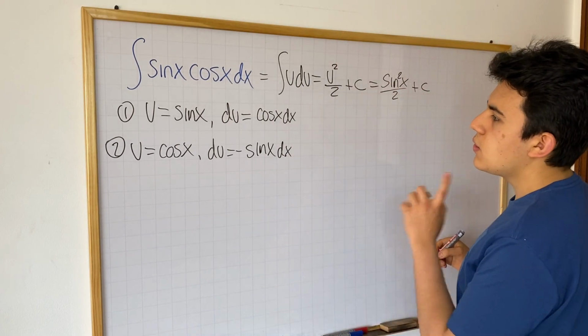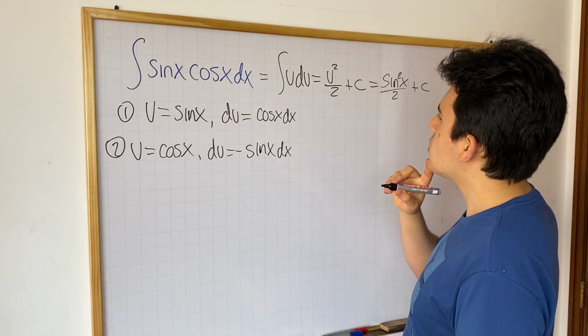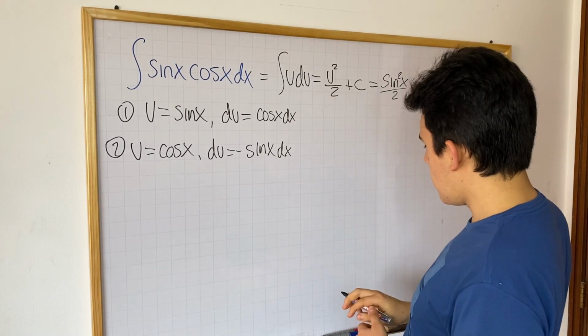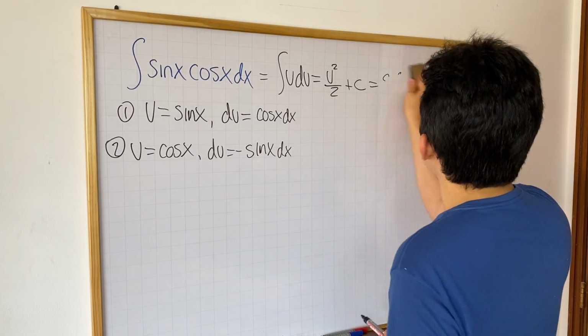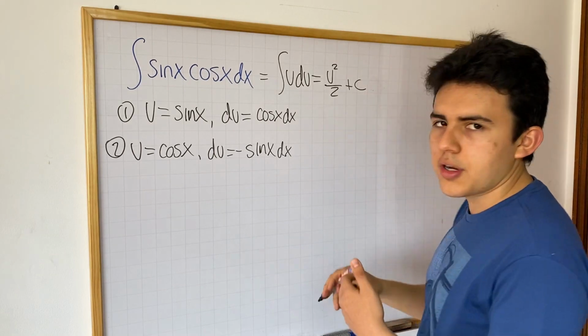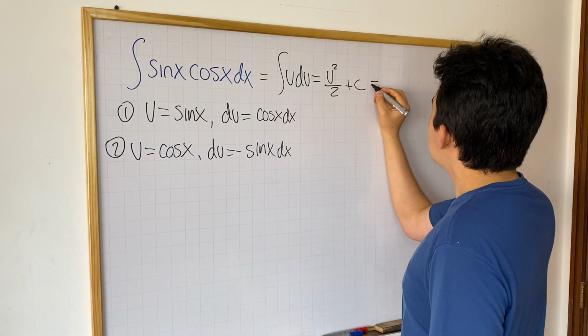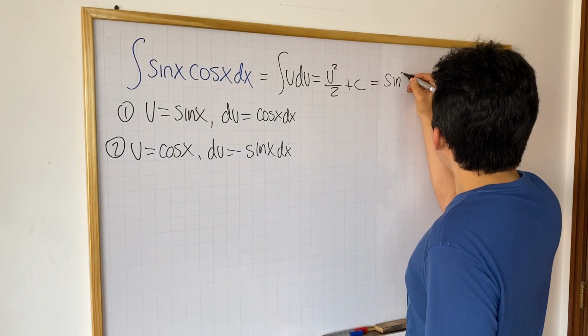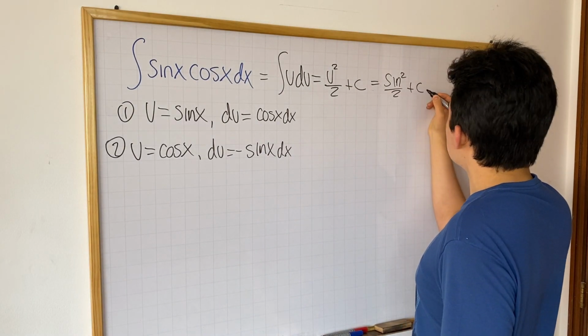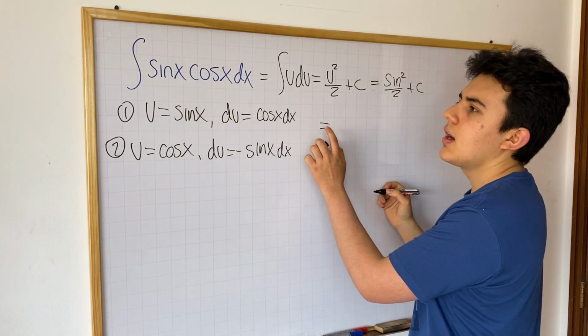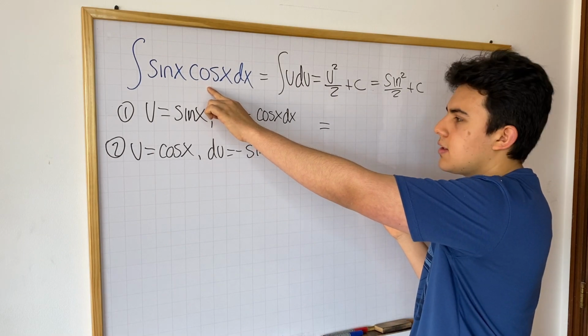Let me write the first solution again to optimize the space here: sine squared x divided by 2 plus c. I'm just going to continue here with the antiderivative.